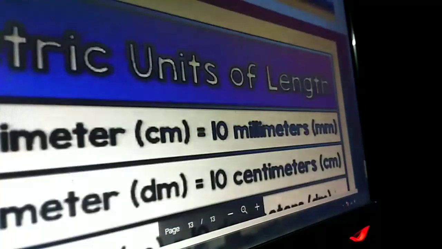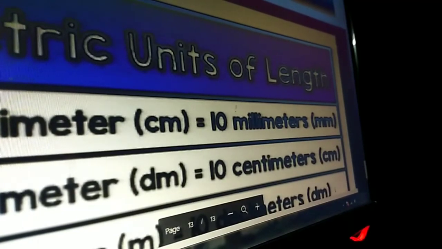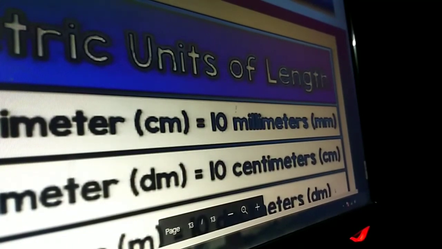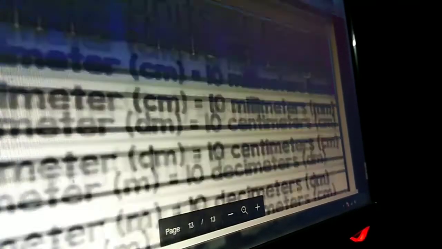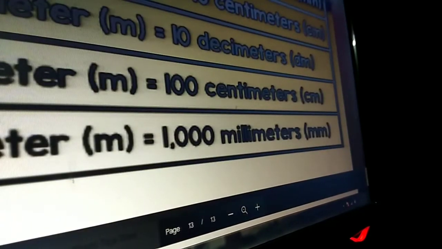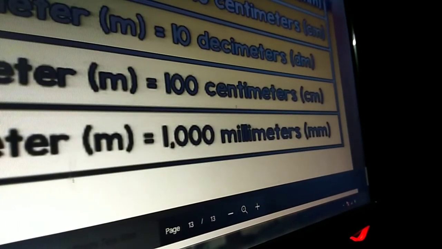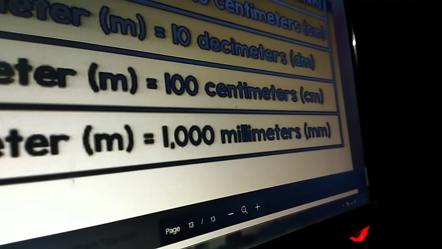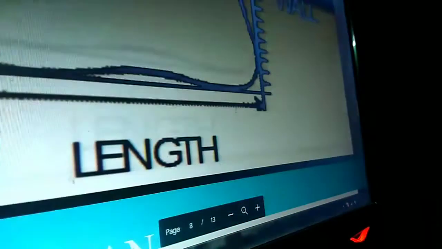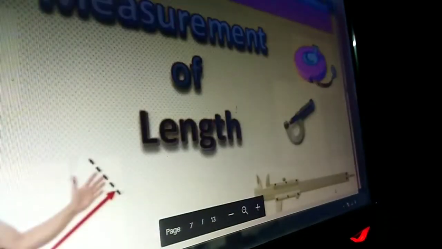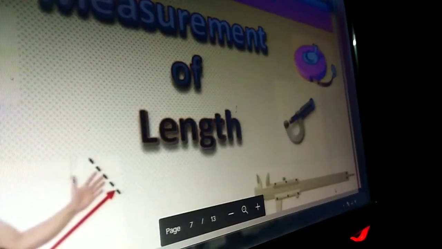Then the metric units, that is the MKS units of length. In mathematics, the table will be given and you go through this table. Now this is all about your measurement, and because these lengths change from person to person, they are called approximate lengths.